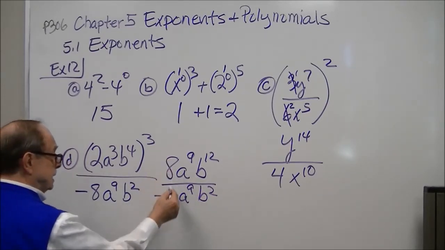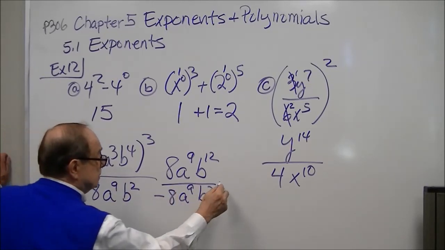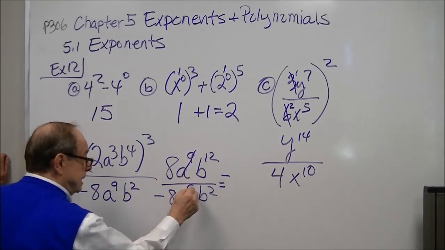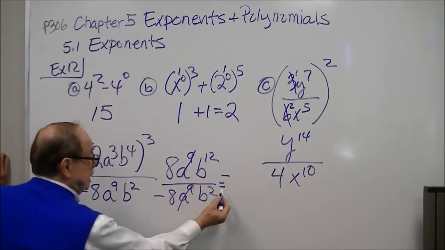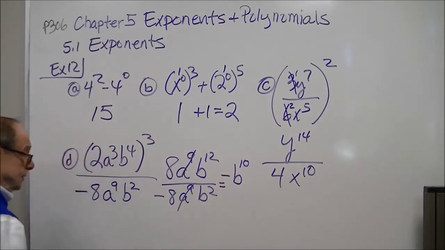Now notice your negatives cancel out, but you still have a negative sign. So your answer is going to be a negative. The a to the 9ths cancel out completely, and you're left with a negative b to the 10th. Okay, there's your first section of chapter 5.